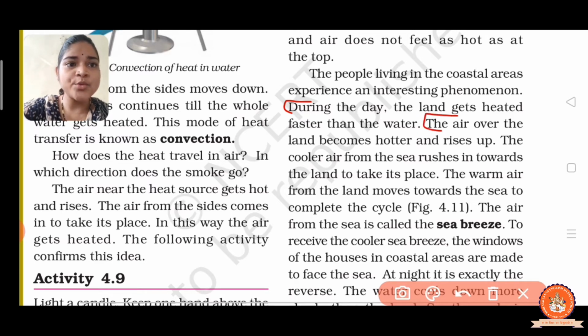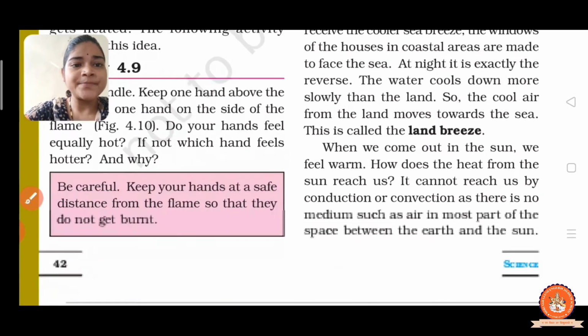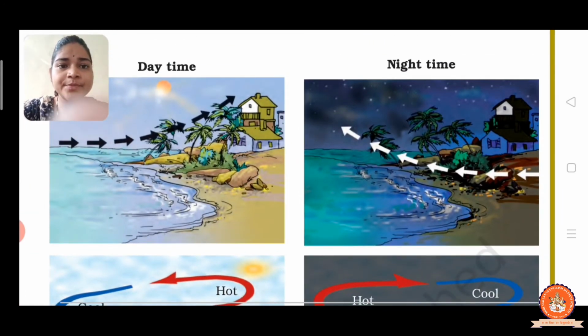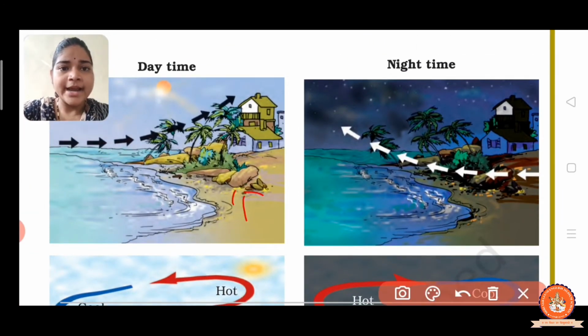The air over the land becomes hotter and rises up, and the cooler air from the sea rushes towards the land to take its place. Right? Now see in the figure here, during the daytime, the land and the sea.